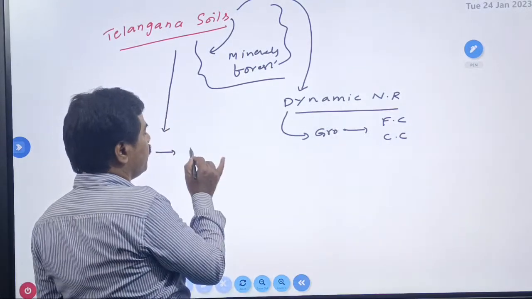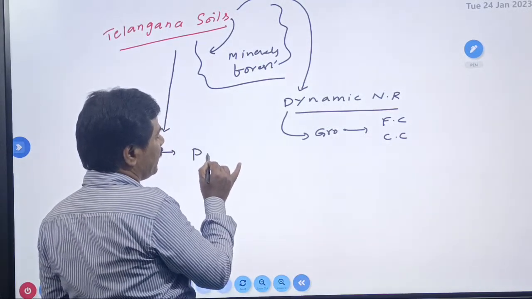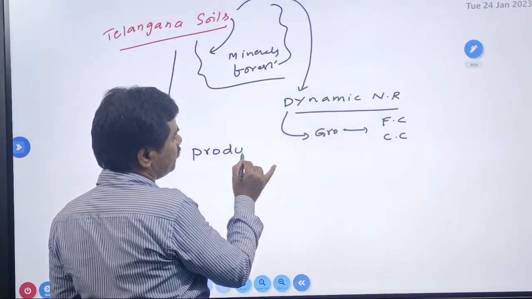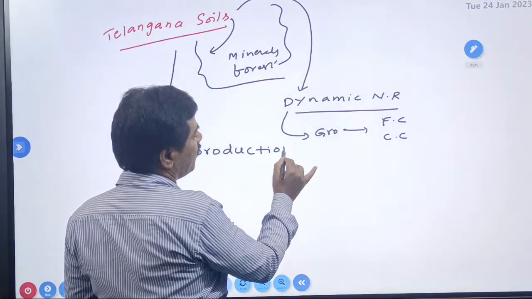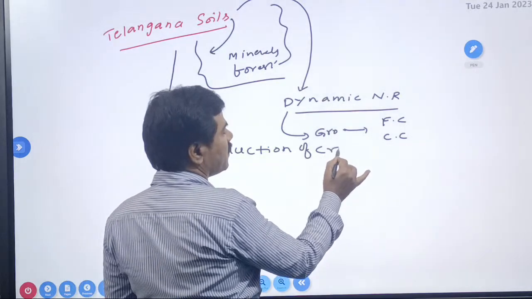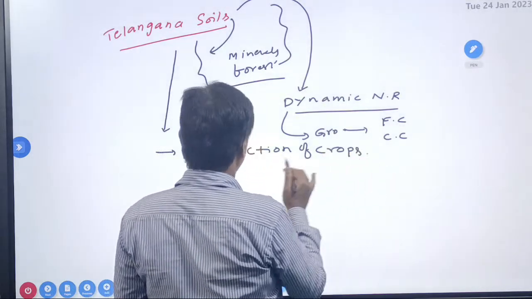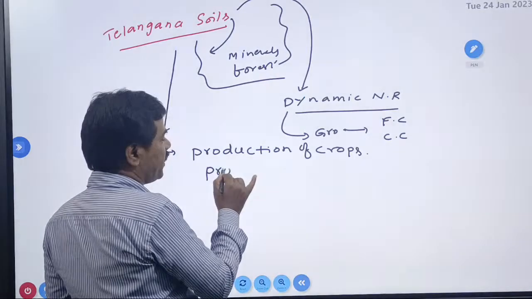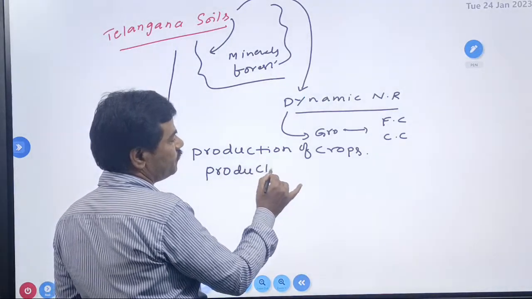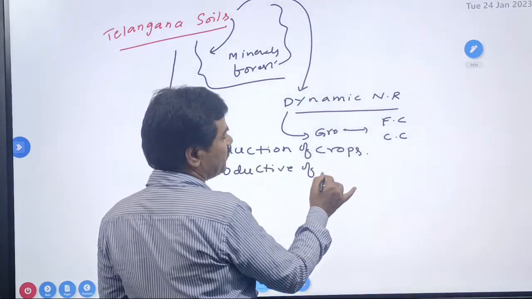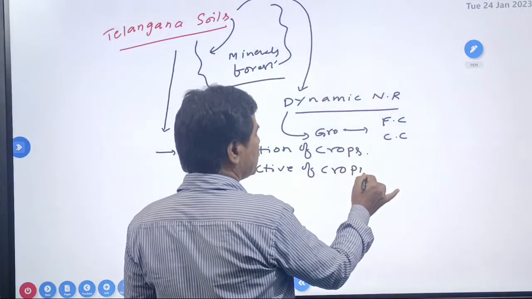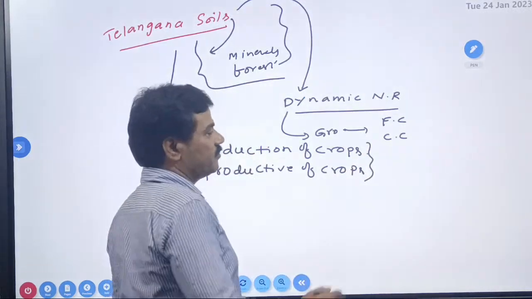The production of crops and the productivity of crops are both decided by high fertility.